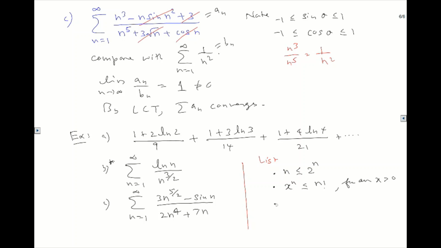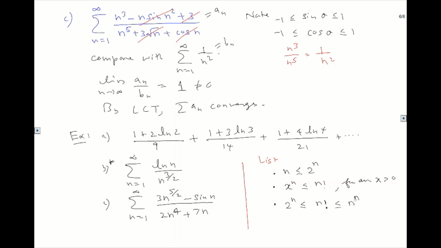And the third one: I just pick a number, like 2 to the n. Factorial n is bigger than 2 to the n, and this is bigger than n to the n.